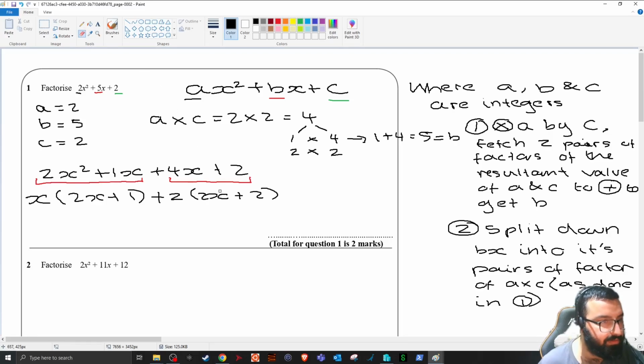It should be 1. Bit of a mistake there. There we go. For some reason it was just not rubbing out. Made a bit of a silly mistake there earlier, but hopefully everything is corrected.